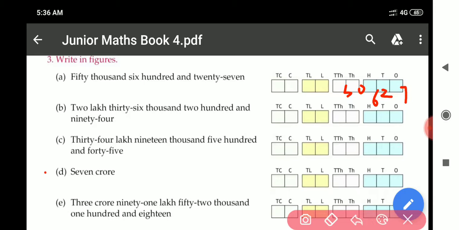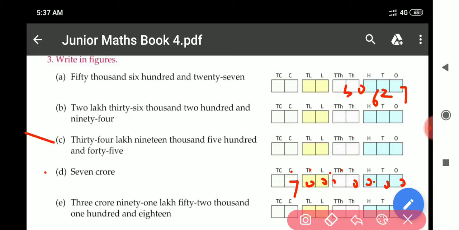Now see, here it is only 7 crore. So ones, tens, 100, 1000, 10,000, lakh, 10 lakh, and crore. So in the crores box we will write down 7, and after that in all the boxes we will write down 0, like this. Okay.